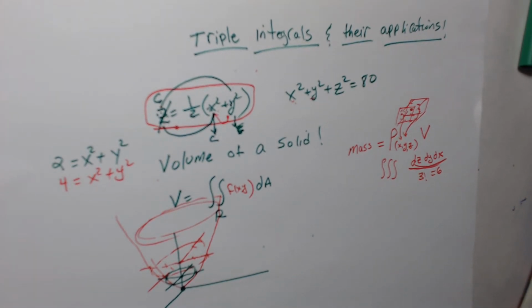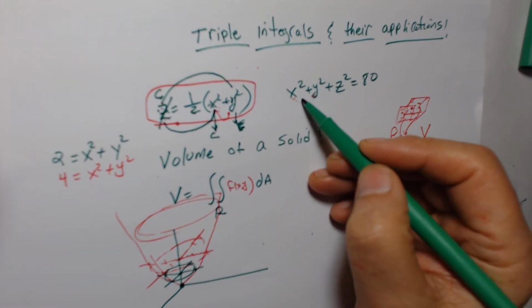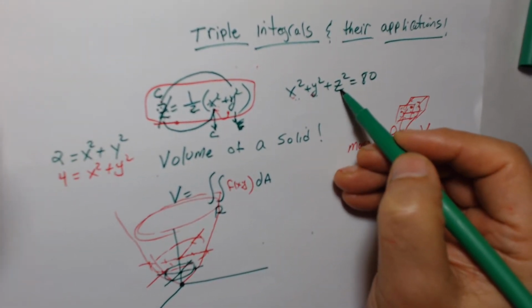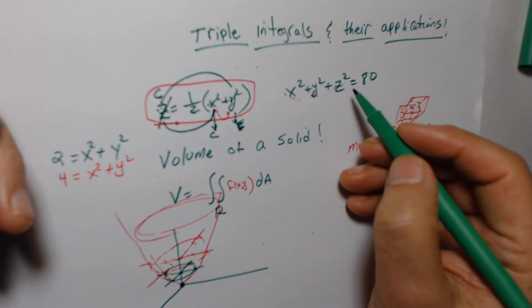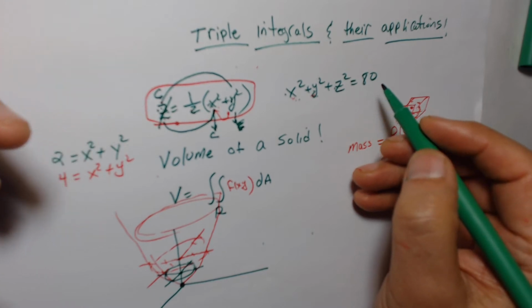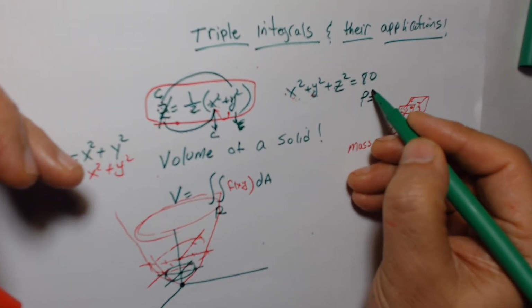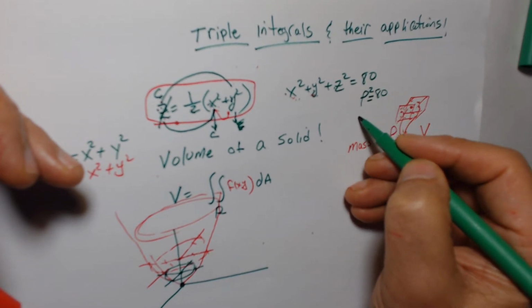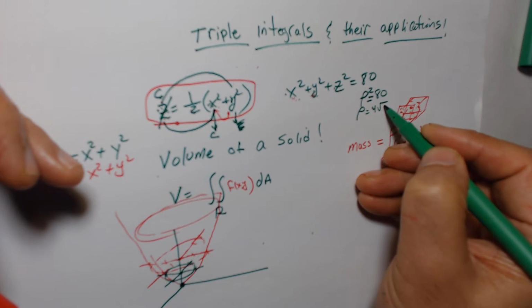Okay, but what is this? Because you have 2 x-intercepts, 2 y-intercepts, and 2 z-intercepts, and all these coefficients are the same, that is going to become a sphere with a radius of square root of 80, which is 16 times 5, 4 times square root of 5.